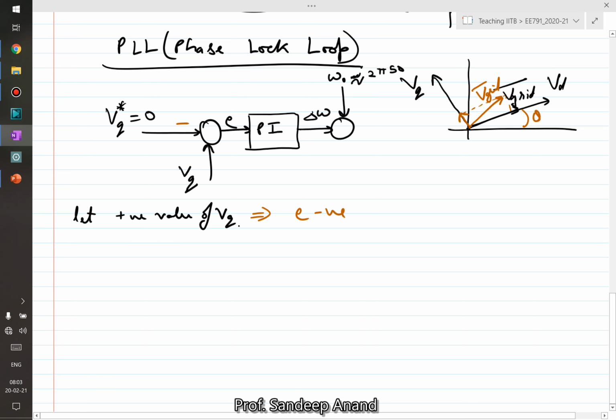If VQ is positive, then the error will become positive, which would result in an overall increase in the speed of rotation of this frame, right? And what do I do subsequent to that? Let me just make some space here.